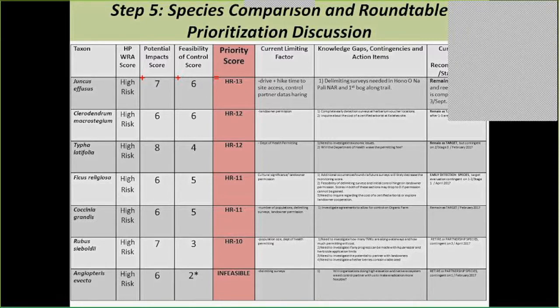The entire genus is on the state noxious weed list based on the reputation of Miconia calvescens, and there's estimated to be about 1,000 Miconia species in the neotropics. All of them are on the noxious weed list now just based on the reputation of this one highly invasive tree. Is there any way to account for that kind of information as well?